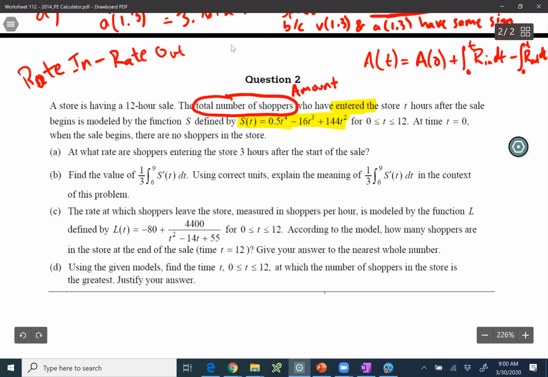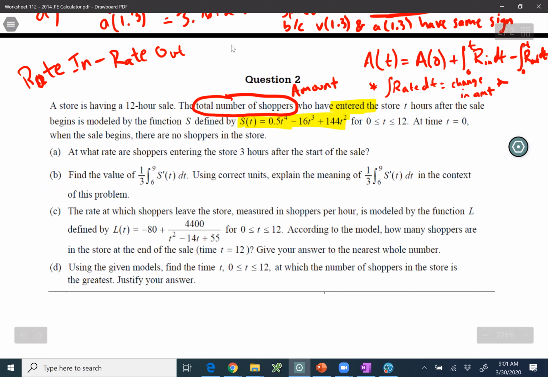If that's our big overarching formula, the concept is kind of like the integral of the rate gives us the change in the amount, right? That's the general concept.